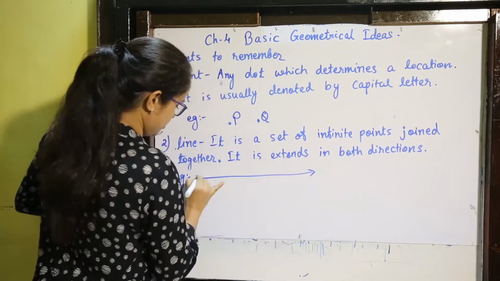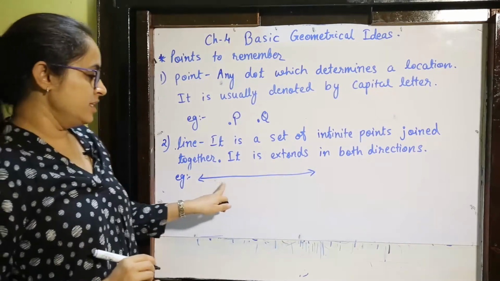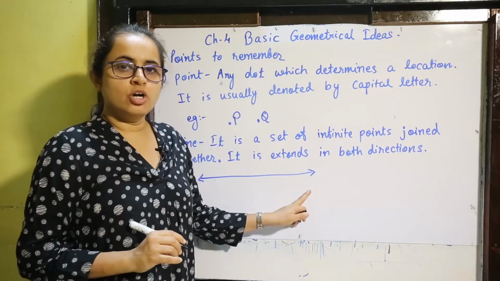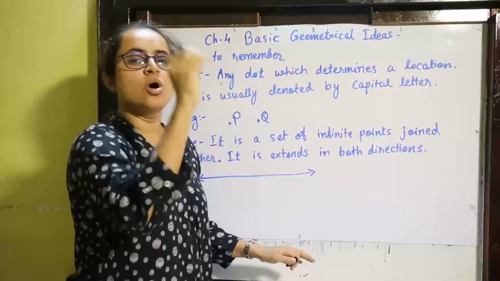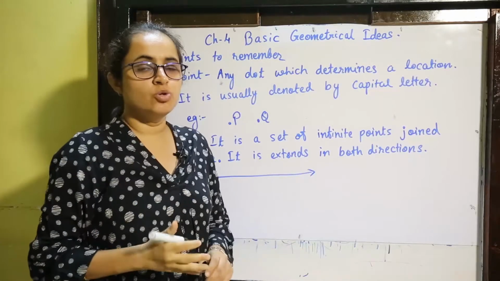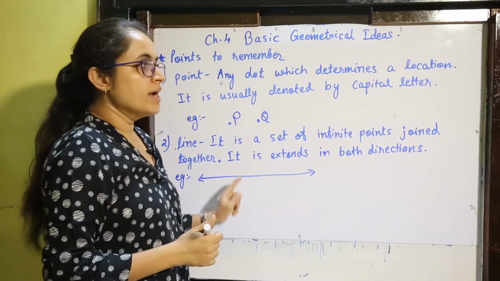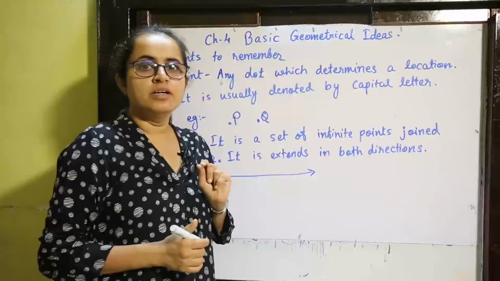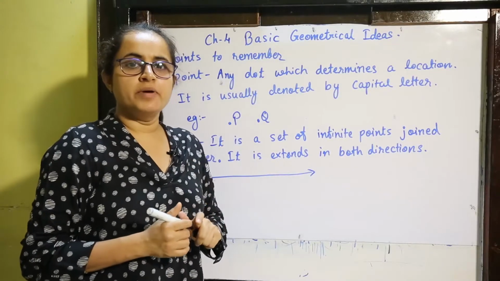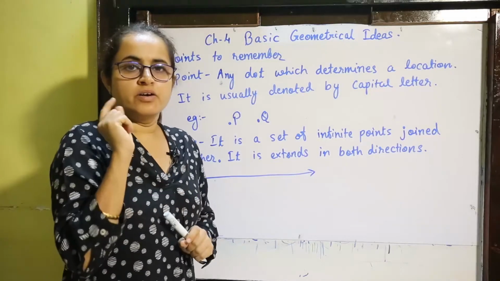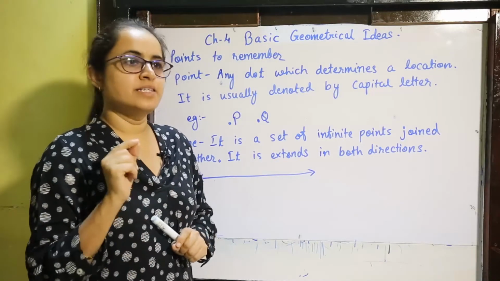Please draw these lines with a scale and with a pencil. Do not draw with a pen and then give numbers any way you like. Don't do that. Use a pencil and scale while drawing any geometrical concept. Whenever you draw any geometrical shapes, you must do it with a pencil and scale.